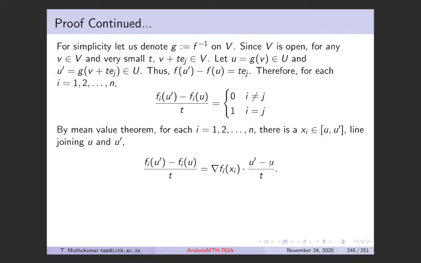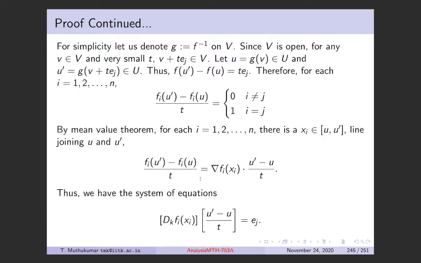This is the one-dimensional mean value theorem that we are using, on a straight line joining the two vectors. These are vectors, but we are applying the mean value theorem on the line joining them, so there is a xi such that this happens.